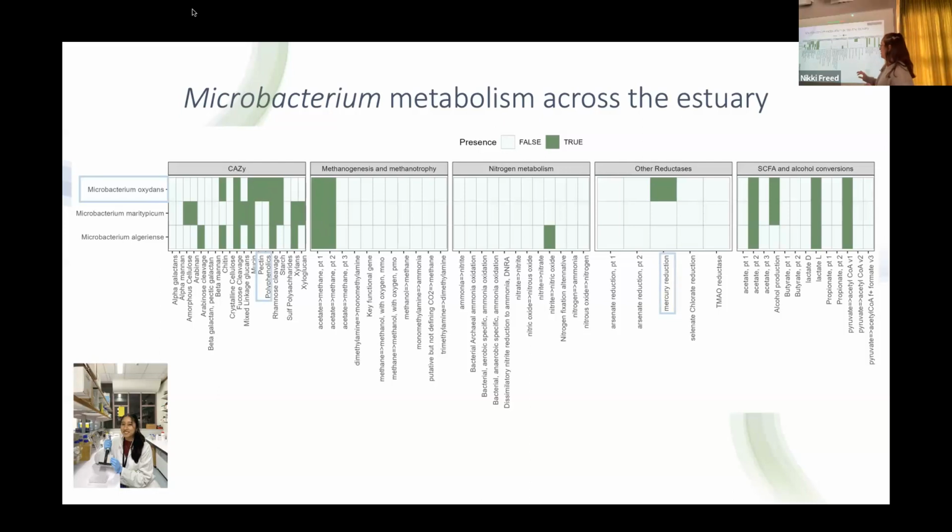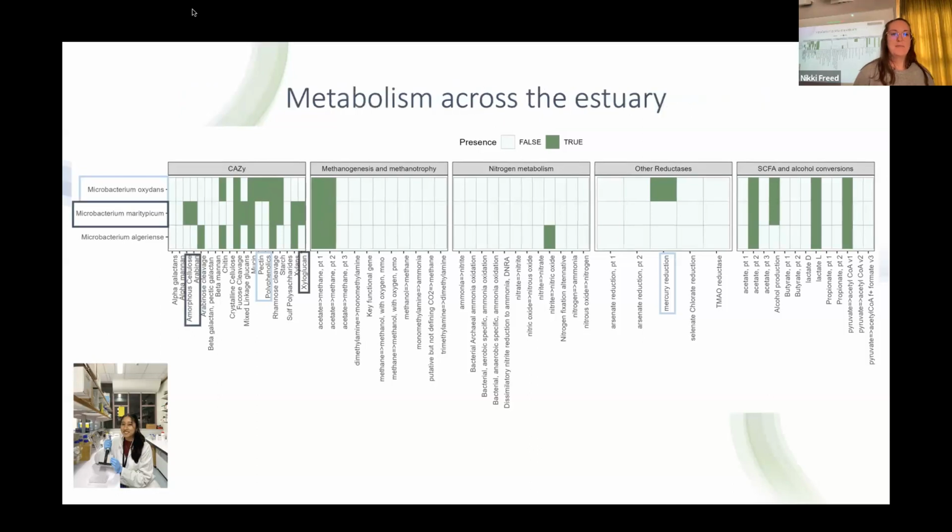With oxidans, you've got pectin and polyphenol carbohydrate degradation, or metabolism, that the other 2 species don't seem to be participating in. We've also got mercury reduction, which I'm going to be having a look at in the next couple of weeks because I literally made this plot last week. So it's going to be really interesting to dig into a little bit more of this data.